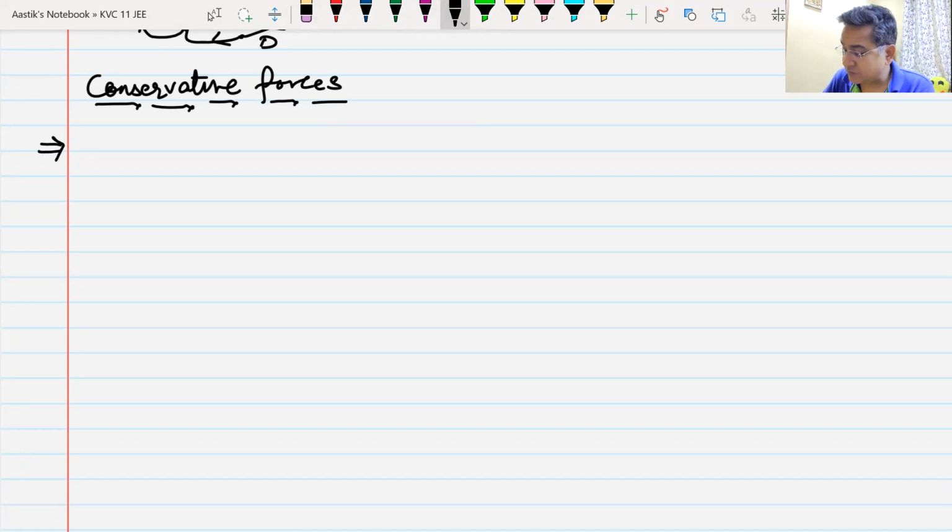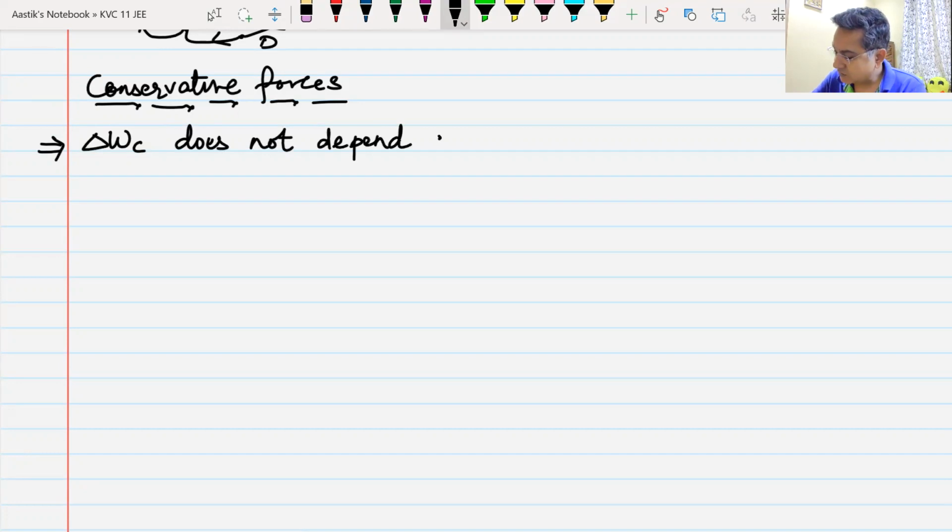Conservative forces are those forces whose work done, and I call it C, work done by C, where C means conservative force, what is the first point that you must remember? Work done by a conservative force does not depend on path.